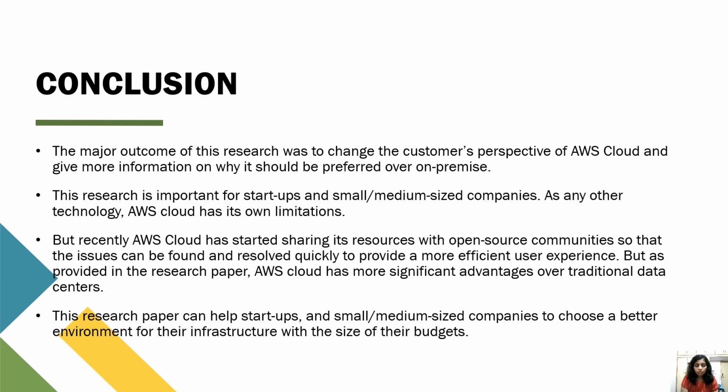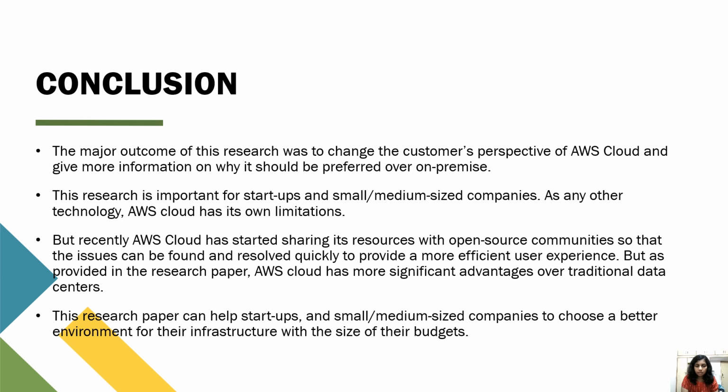Conclusion: the major outcome of this research was to change the customer's perspective of the AWS cloud and give more information on why it should be preferred over on-premise. This research is important for startups and small-sized companies, as any technology like AWS has its own limitations.